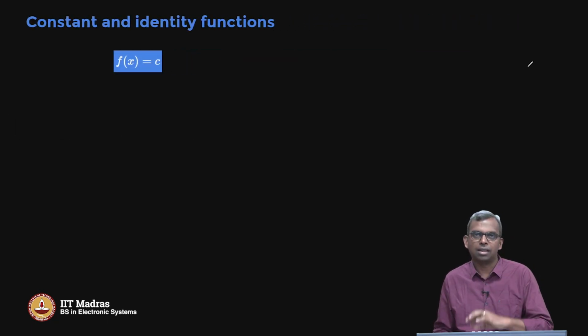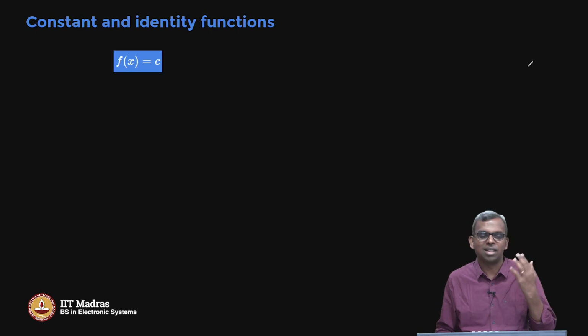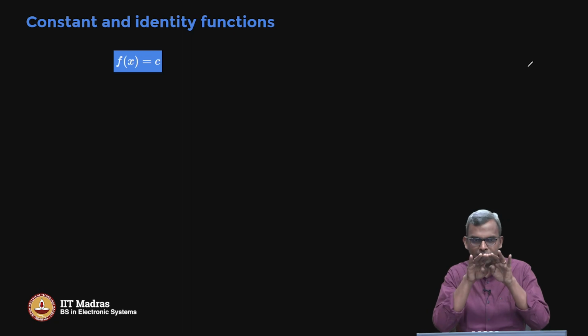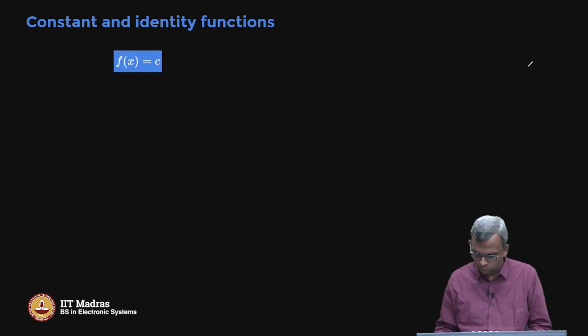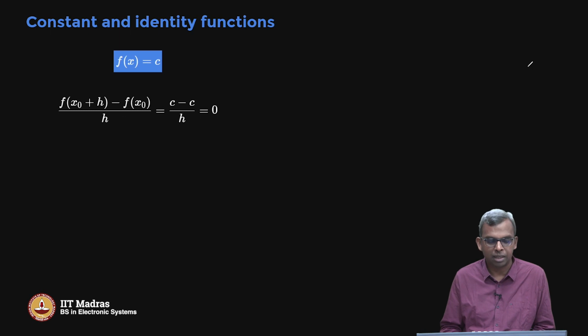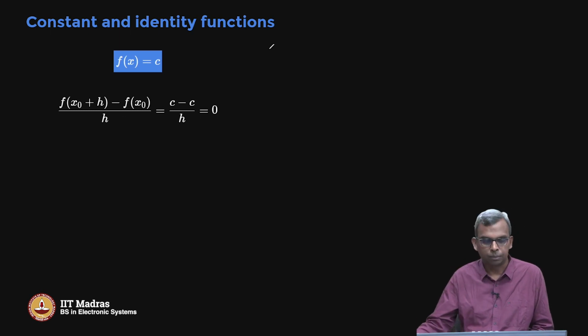So the first easy cases we've always considered are constant and identity functions. So supposing f of x is a constant, it's just a flat line, right? Constant throughout for all x. Then how do you compute its derivative? It turns out derivative is very easy for it. Let's look at the definition, right? f of x naught plus h minus f of x naught divided by h. What is f of x naught plus h? f of x naught plus h is just c.